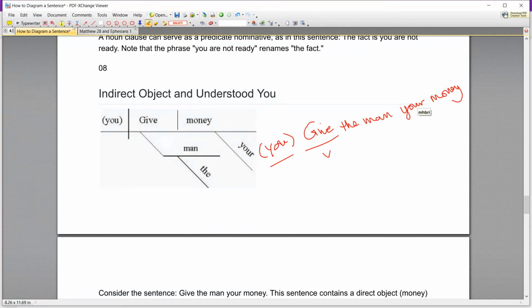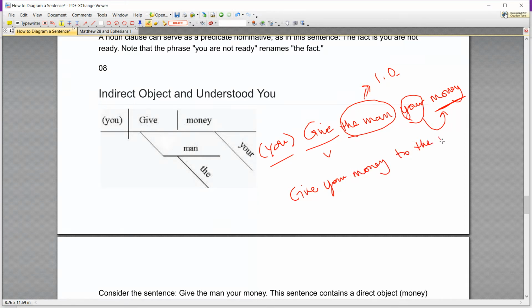In this case, what is the object? Direct object. Money is the direct object of the verb give. Give what? Money. And then your is just modifying money. And then what is this? The man. This is what we call the indirect object. You can write this sentence in this way: give your money to the man.